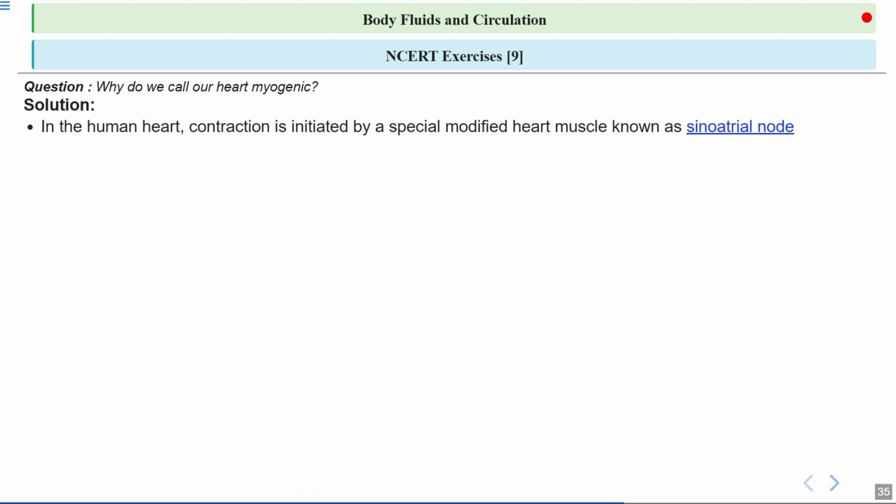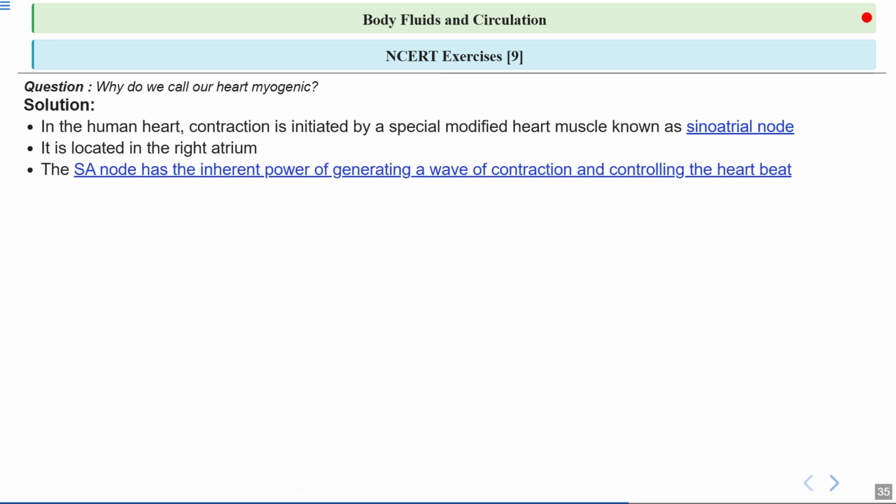Now, in the human heart, contraction is initiated by special modified heart muscles known as the sinoatrial node, also known as the SA node. This SA node is located in the right atrium. Now, the SA node has the inherent power of generating a wave of contraction and controlling the heart's rate.